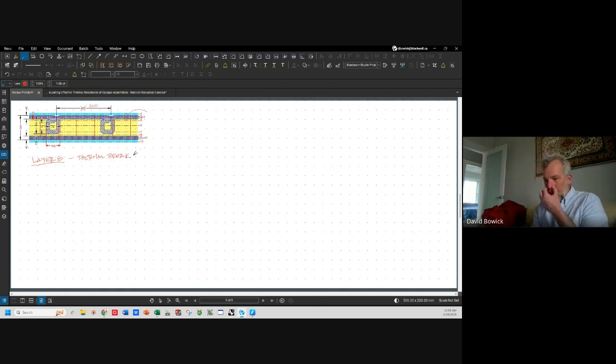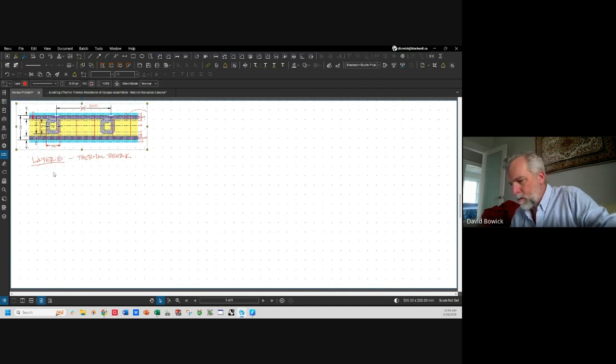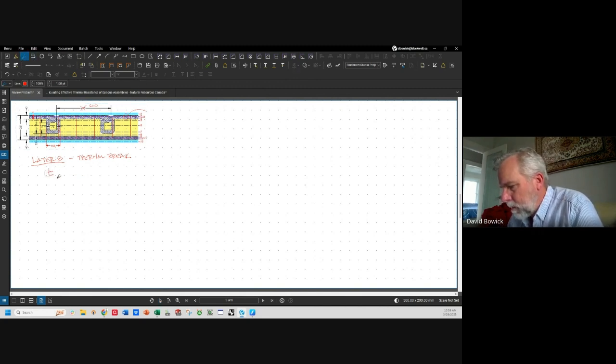Layer 8 is our thermal break. Thickness, 25 millimeters. T layer 8 equals 25 millimeters. Okay. Go to the elevation.